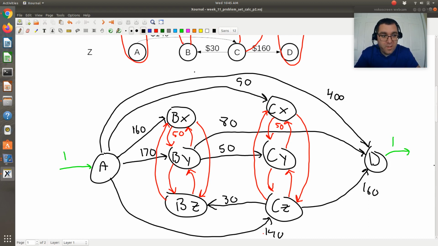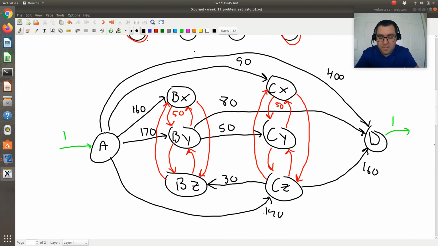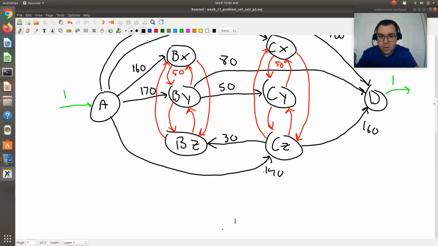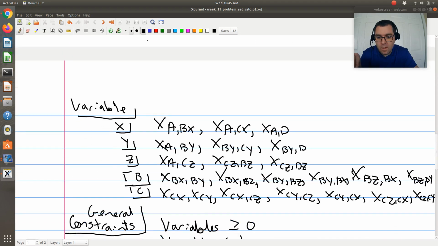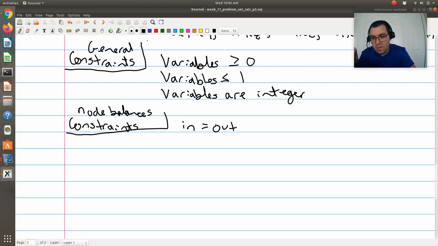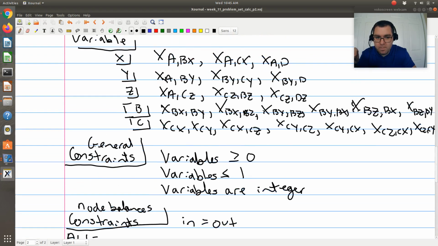So let's do it, right? We're just going to have to go step by step. Okay, so at node A, let me just further deconstruct this. We'll have a balance on node A, B, C, and D. Okay, so at node A, I have that one unit coming in.